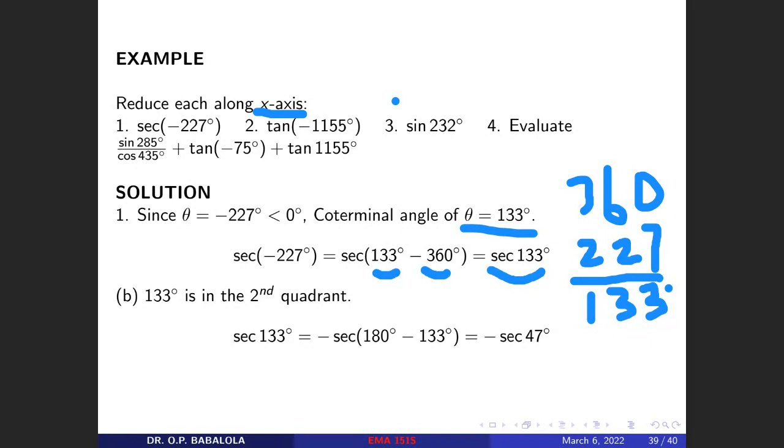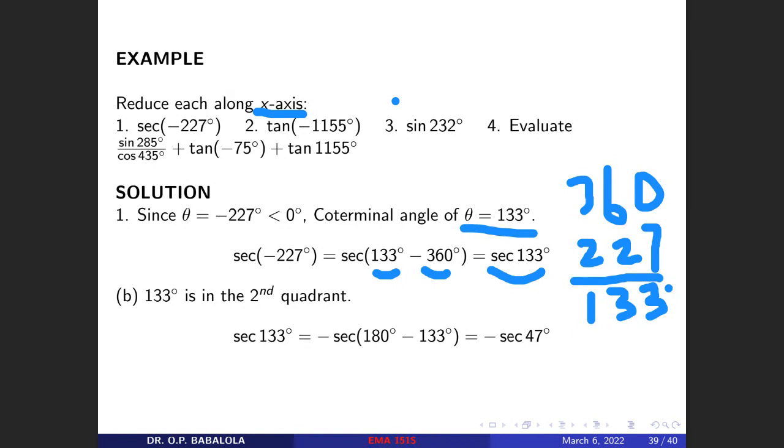So what is our k? Our k is just 1, minus our theta, which is 133. Remember, we are using the coterminal angle. Then 180 minus 133 is what? It's 47.